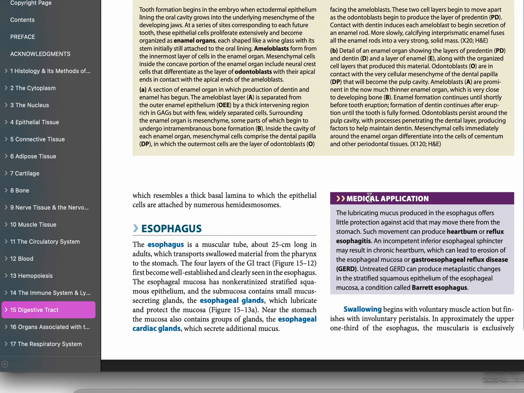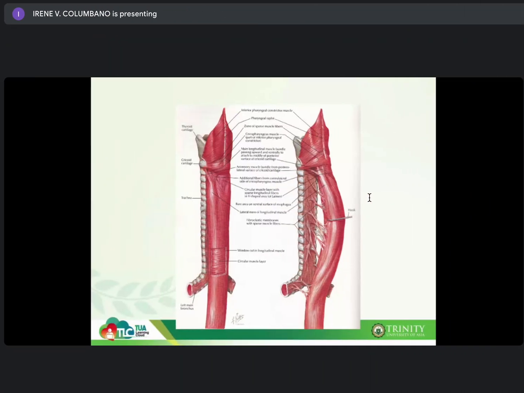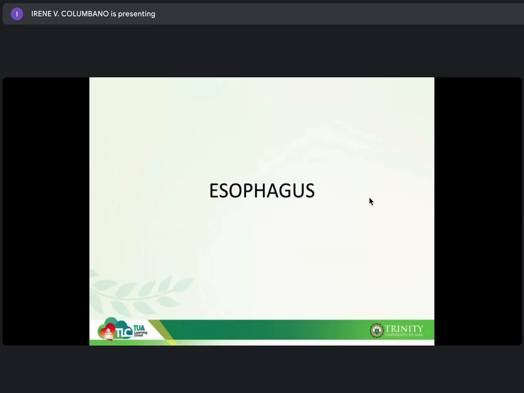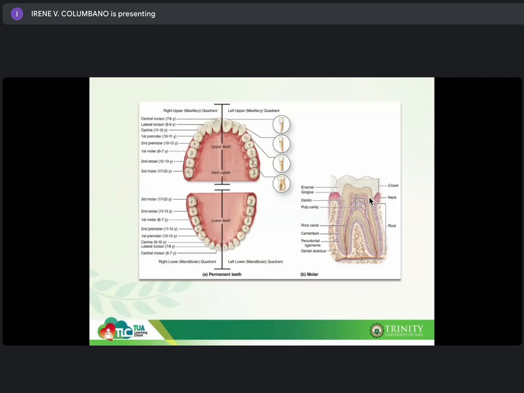down to the stomach. Ano nga pala ang nangyayari pagka hindi maganda ang oral hygiene natin? So what will happen to your teeth? Itong gingiva na to, pwede siyang magkaroon ng infection due to poor oral hygiene. So ano mangyayari dito sa area ng gingiva?